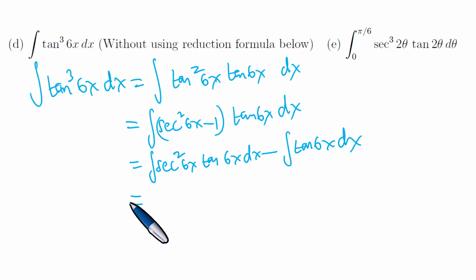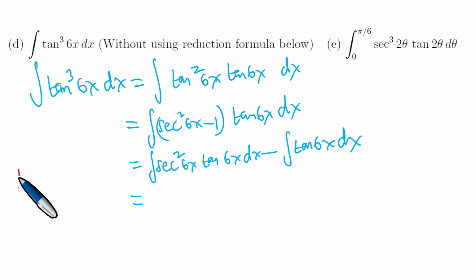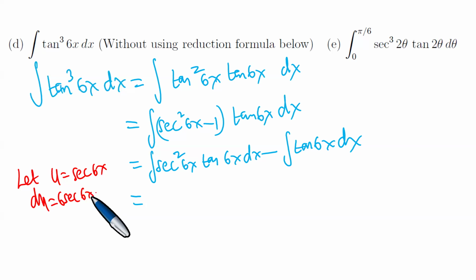Right, so now when you get to this point, for this one, you can let u be the secant of 6x. du becomes 6 secant of 6x tangent of 6x dx.